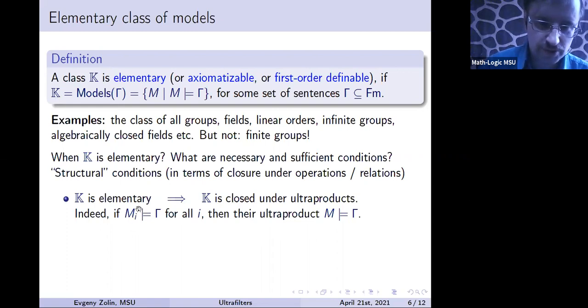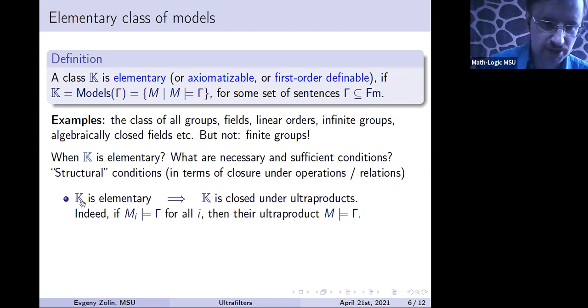Then assume that we have many models that are in K, so they satisfy gamma. Then we take the ultraproduct. By the Łoś theorem, the ultraproduct again satisfies gamma, so it is in K. So this is an immediate consequence of the main theorem about ultraproducts, the Łoś theorem.